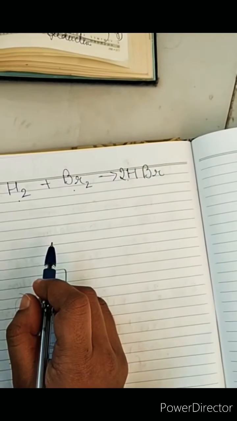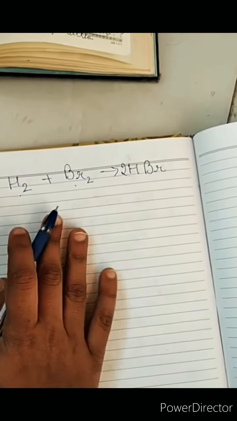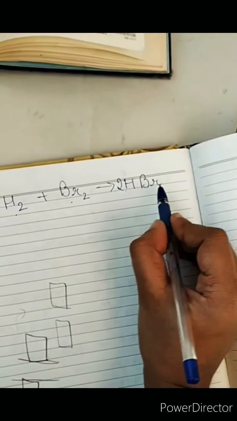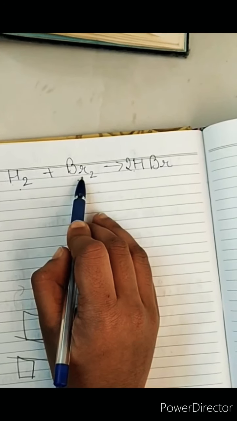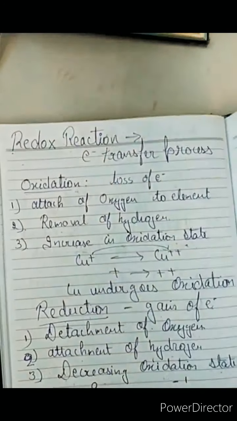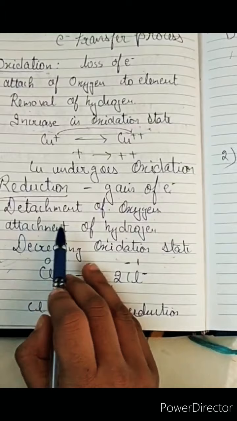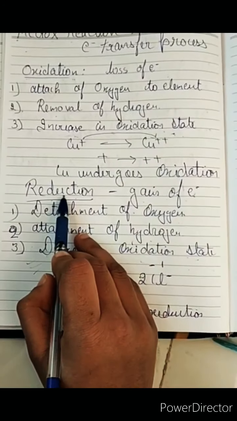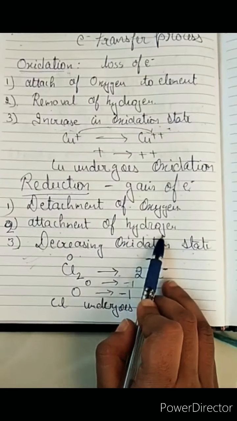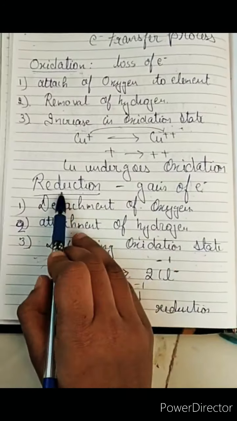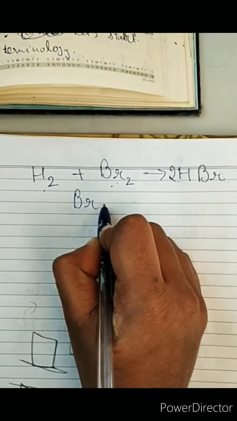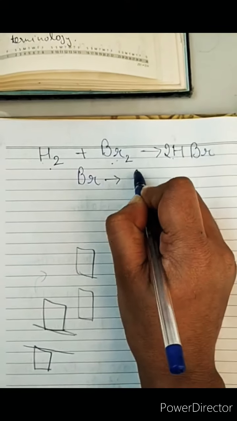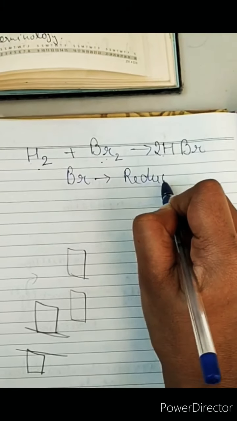So you can say bromine, since hydrogen is attached to bromine now, that is attachment of hydrogen, it means reduction. Attachment of hydrogen is reduction. So bromine is attached to hydrogen now, so bromine undergoes the reduction process.